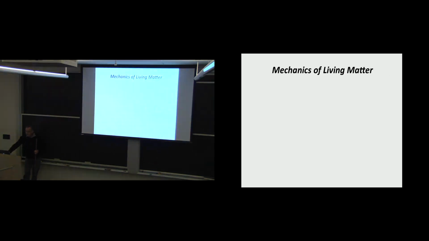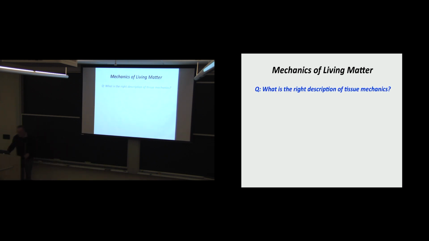So there is this massive rearrangement of cells that is happening very early in the life of the embryo. So we want to understand the mechanical aspects of tissue flow and this rearrangement. And the first question is, how do we begin to describe tissue mechanics?